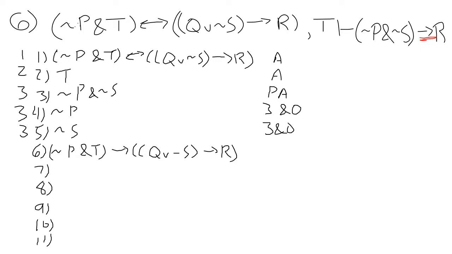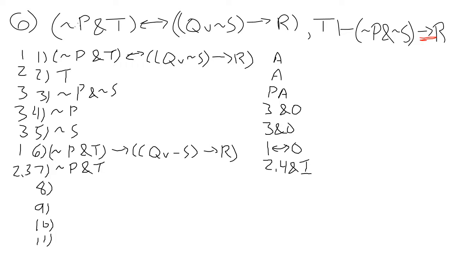So that's going to be 1 double arrow out. Now let's build the antecedent for that. So we can put tilde p and t together from 2 and 4 and in, 2 and 4, or 2 and 3.